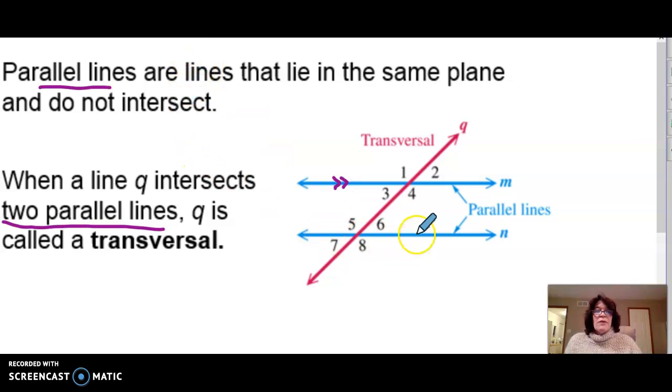If they don't downright tell you they're parallel, you'll see these symbols which say that whatever line has a symbol like this is parallel to me. Q is a transversal. It's a line that cuts through them, and it forms these 8 angles: 1, 2, 3, 4, 5, 6, 7, 8.